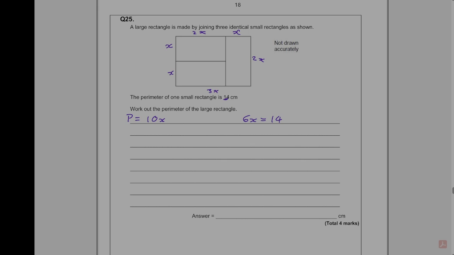I want to build it up to 10x. So what I'm going to do is, we'll say, x is going to be equal to 14 over 6. So that's going to be 7 over 3.